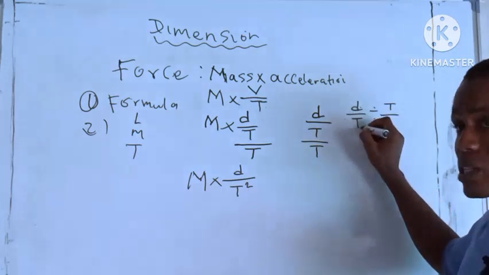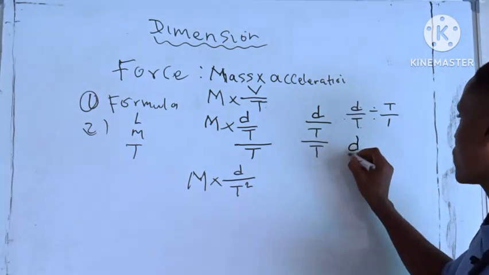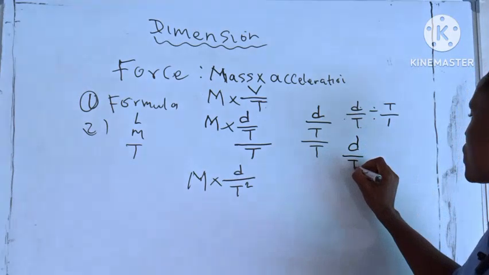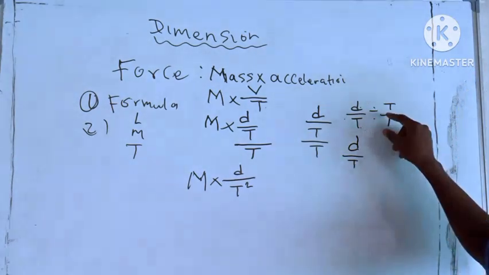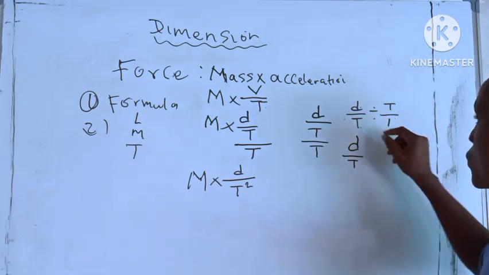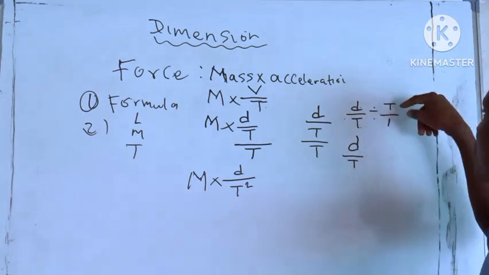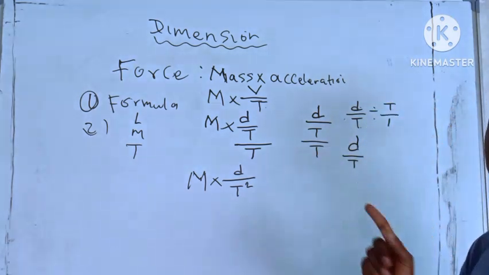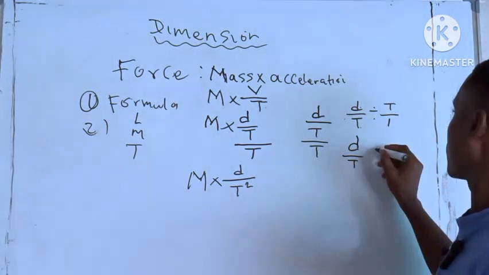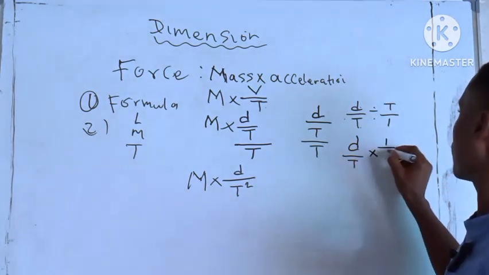And for us to do that, this is how to do it. We have d all over t here, right? This one, we write it d all over t. Then for you to change this division sign to multiplication, you will bring the denominator upward and bring the numerator downward. So it will now be multiply by 1 all over t.